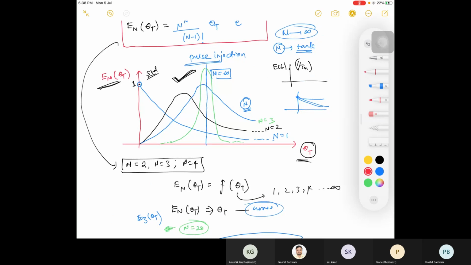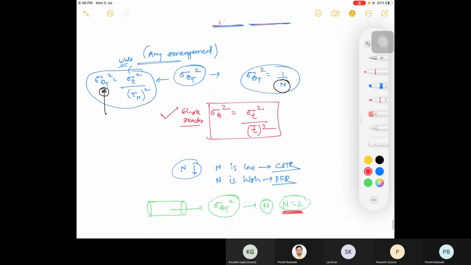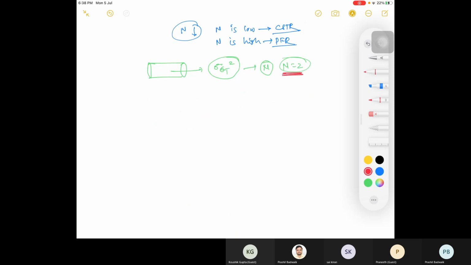So we know for n equal to 1 and n equal to infinity, and for different n we can plot. Next, suppose you find out your value of n, can you find out what should be your actual conversion? You have one formula, X overall, that is X A n, for a first order reaction.